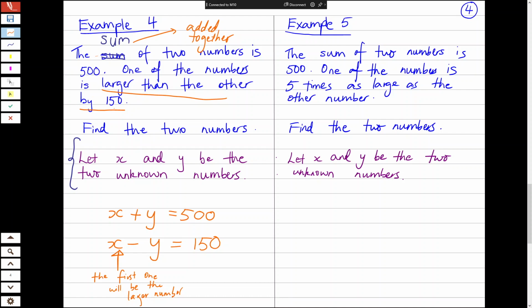So Mac, I've underlined a couple of lines in orange. Speak up, Mac.